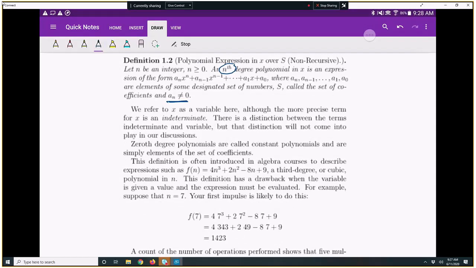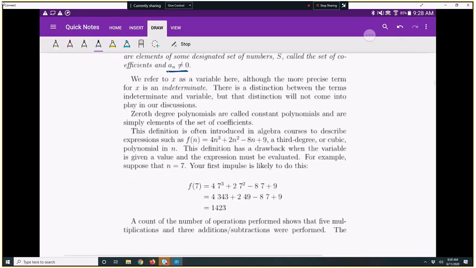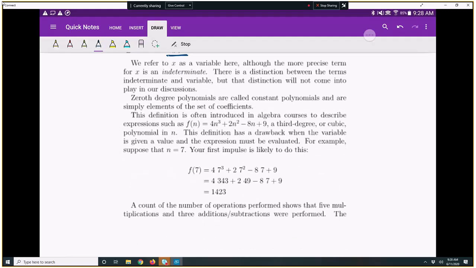A polynomial with 0 degrees, or a 0th degree polynomial, is called a constant polynomial, and these are simply elements of the set of coefficients. So we're quite used to seeing expressions like this one. F of n is equal to 4n cubed plus 2n squared minus 8n plus 9. This is a third degree polynomial, also called a cubic polynomial.